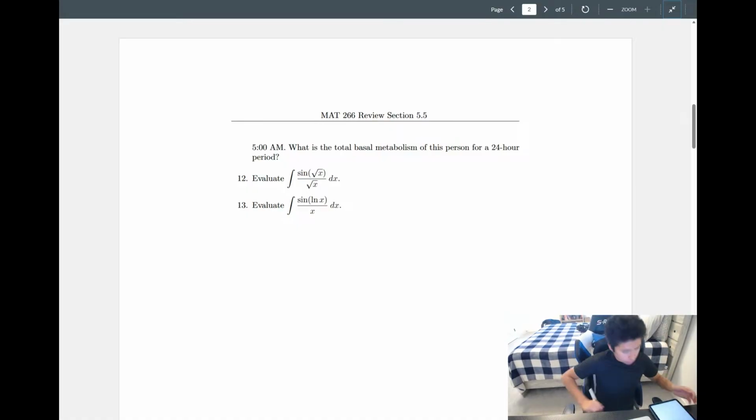I don't know if that'll be good. If we let u be sine of square root of x, we'd get cosine. If we let u be, here, let's do u here. There you go.